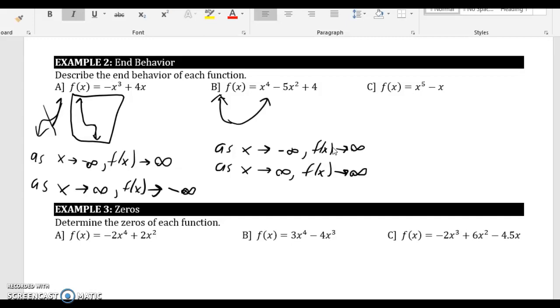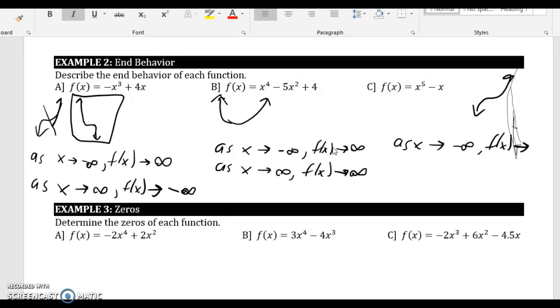So now here's x to the fifth. What does an odd power look like? Well, also having a positive coefficient, we just dealt with an odd power over here. It's going to look like this. Again, I don't know what happens in here, but I'm not concerned about it. I'm worried about the end behavior. So as x approaches negative infinity, what does f of x do?